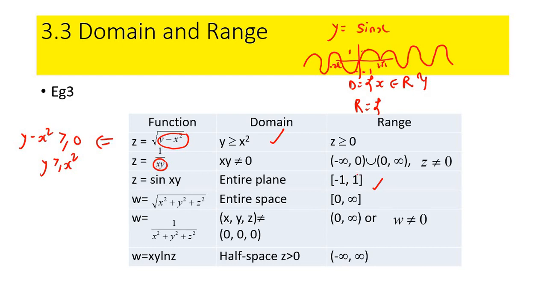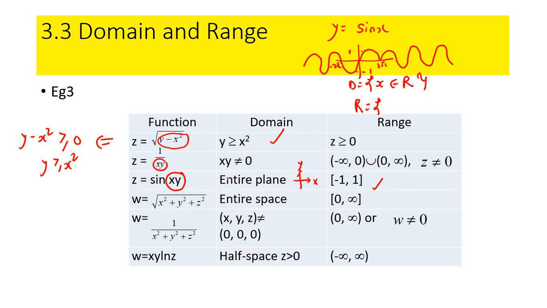The square bracket means included. But this one is z, so similarly, x and y take up all the real numbers. That's why it's the entire plane. The entire plane is 2D, two dimensions. So you have this is x, this is y, 2D.